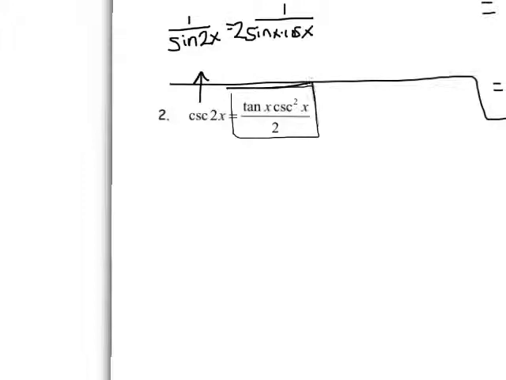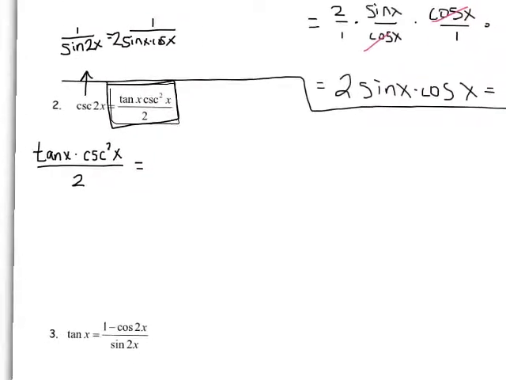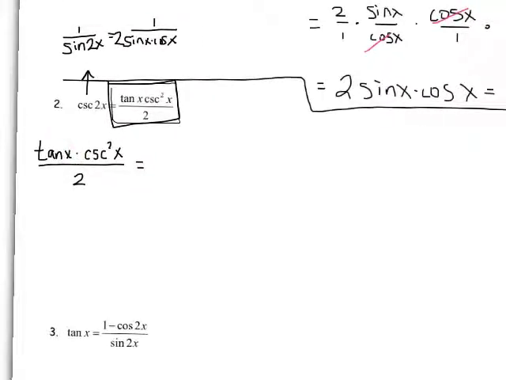All right, so once again, we're going to start on that right-hand side. Let's rewrite that: tangent x cosecant squared x all over 2. I'm going to do this problem in a very similar way. When this is all multiplication and division, we can split that apart really easily.